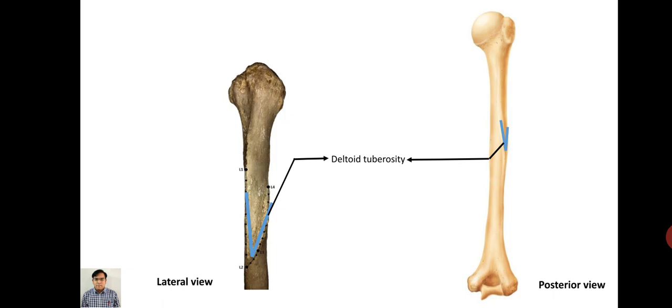And then just posterior to this deltoid tuberosity there is a groove on posterior surface. This is radial groove or spiral groove, because here the radial nerve is present.